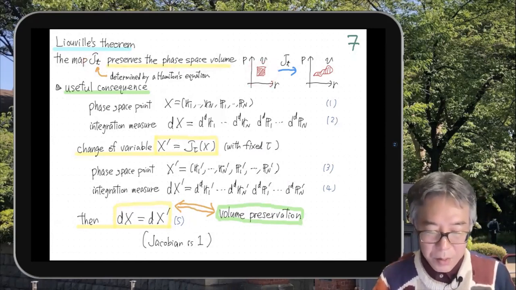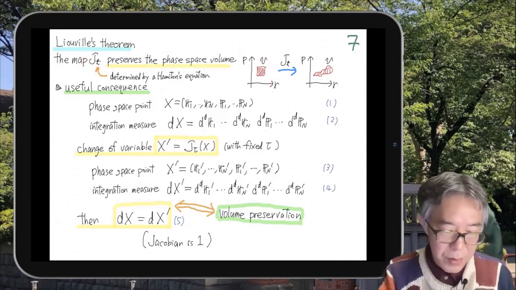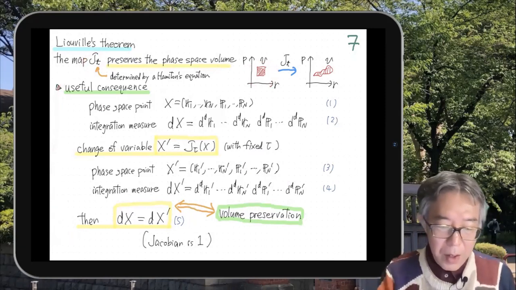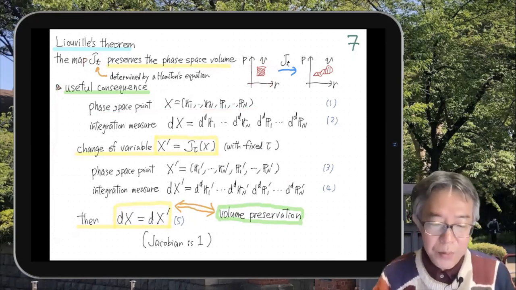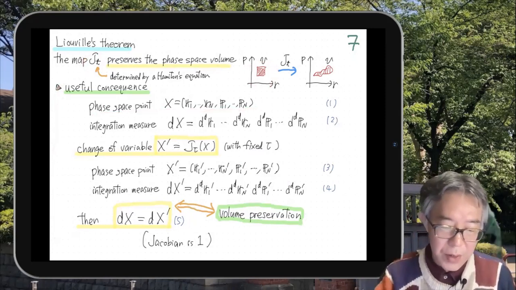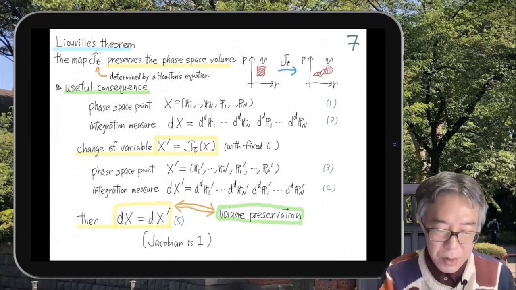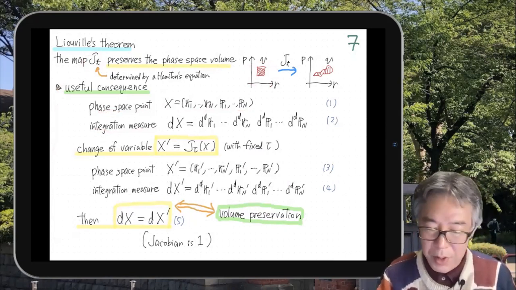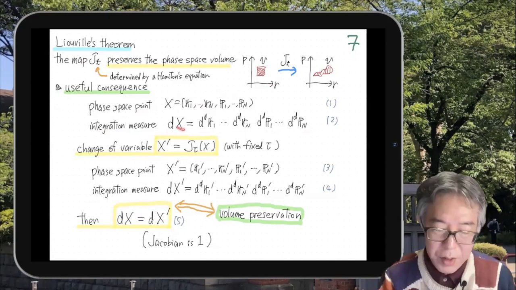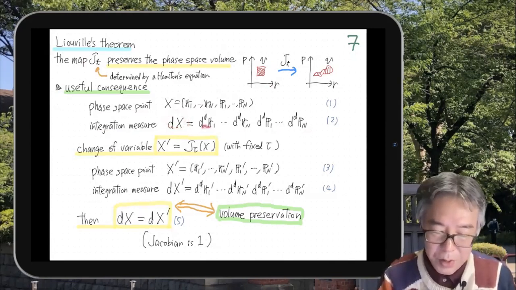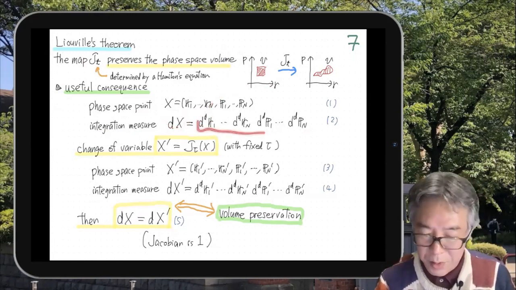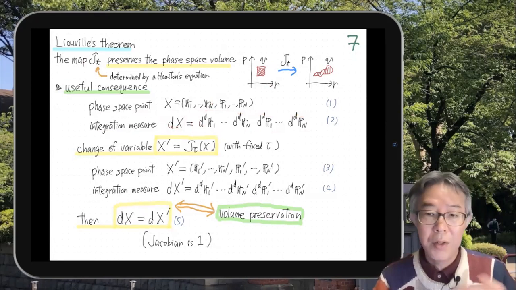Now, we can use this in the following way. This is the general phase space point x, and we often consider integration over phase space points. The natural integration measure, the Lebesgue measure, is simply dx. If I rewrite dx, it's simply the product of all these, meaning dx, dy, dz and so on. Anyway, this is a standard integration measure.